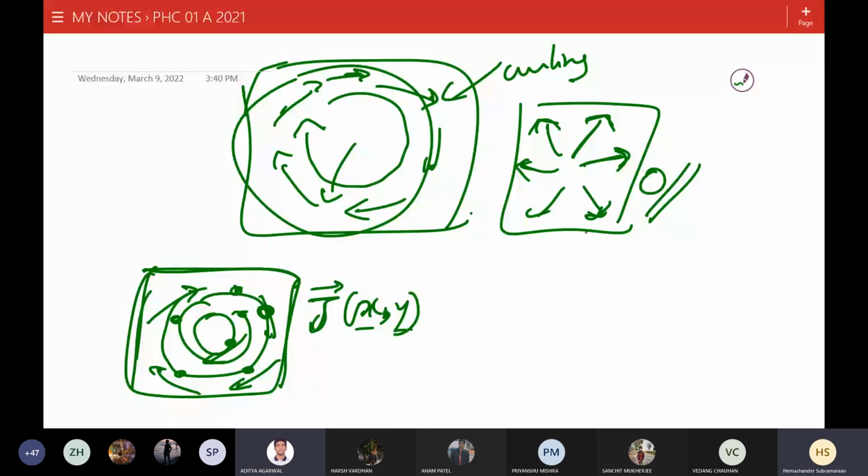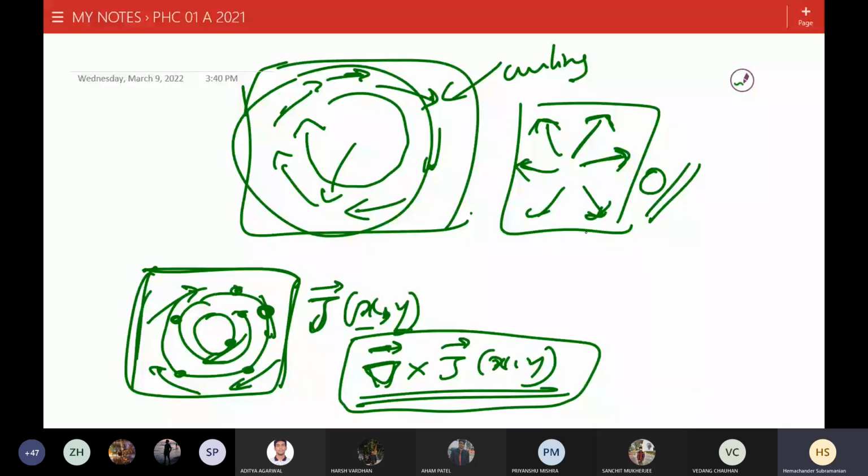So now you can calculate curl of J x comma y. This will give you how much eddy current is there, because eddy current is just circulating current. This will tell you how much the current is circulating.